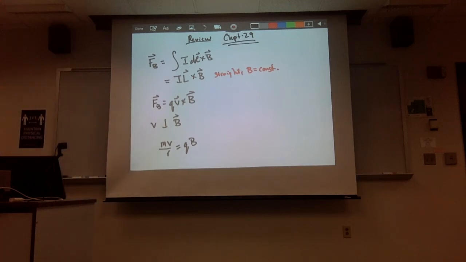Along with this, the period is equal to 2 pi times the mass divided by the charge times the magnetic field, which is also equal to 1 over the frequency, which we call the cyclotron frequency. So all of this is true amongst themselves.